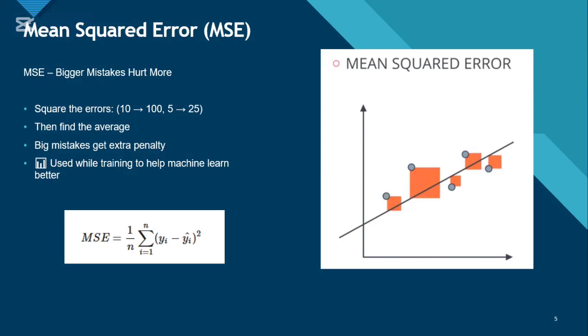So in mean squared error, we square the errors first, then find the average. This way, as you can see, the bigger boxes pay a higher price as compared to the smaller errors. The formula over here is similar, just with the difference of a square.